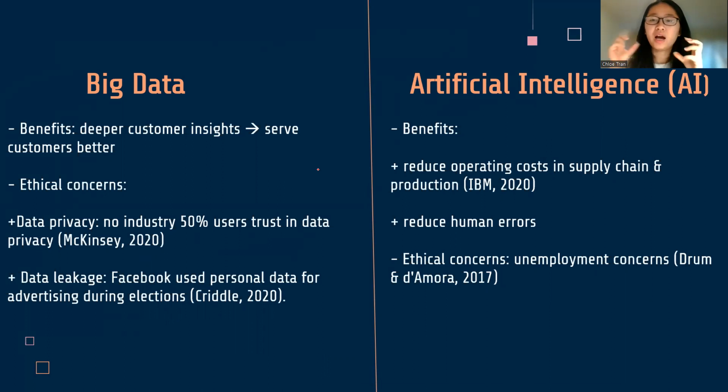So big data can help the company to understand customer insight, and of course the company can serve the customer better and can provide more customized products to the customer.